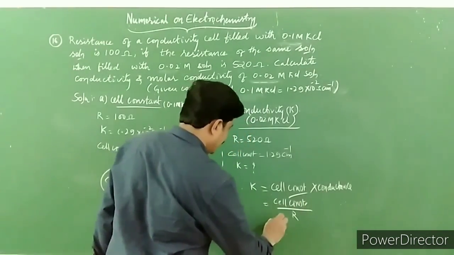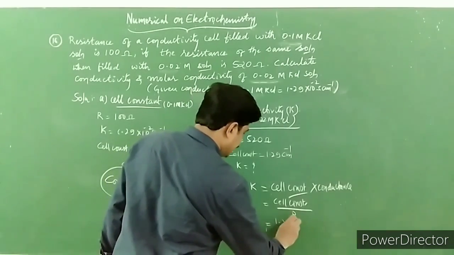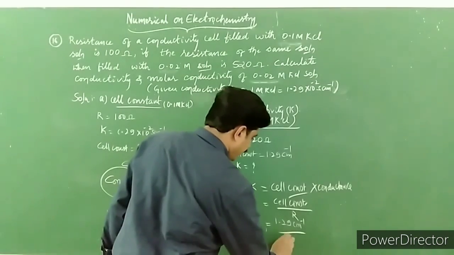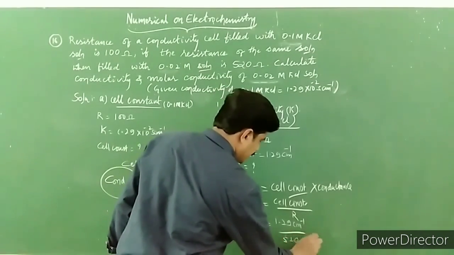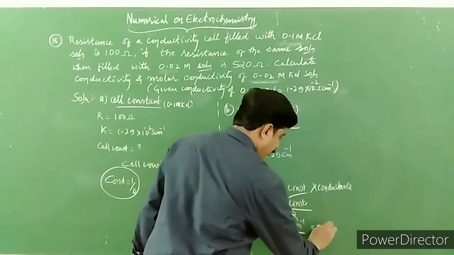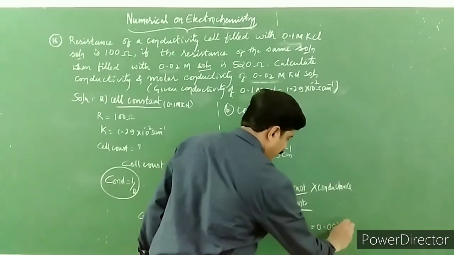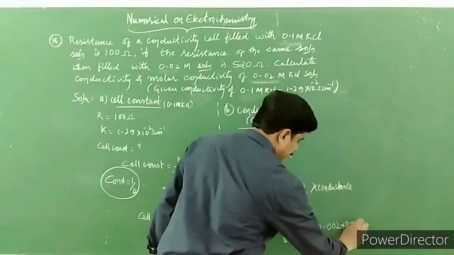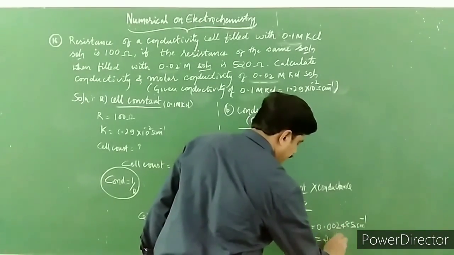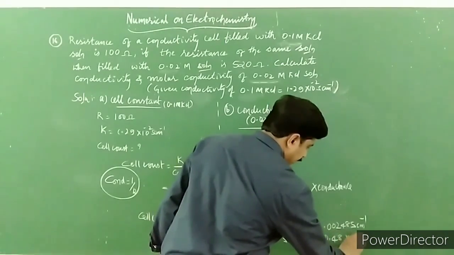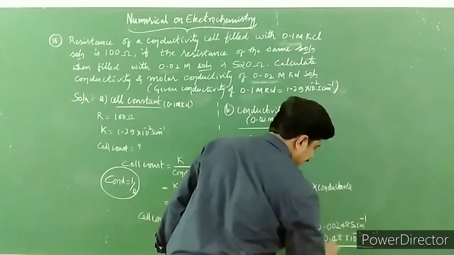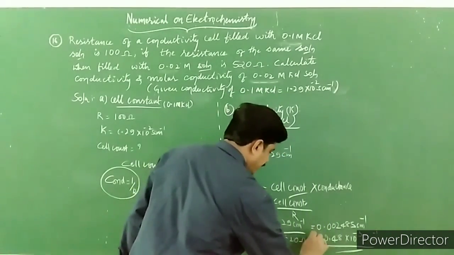Now cell constant is how much here? 1.29 per centimeter. Upon resistance is how much here? 520 ohms. Children, if you simplify, you are going to get 0.00248 Siemens per centimeter, or I can write 2.48 into 10 to the power of minus 3 Siemens per centimeter. So this is what? K for you.